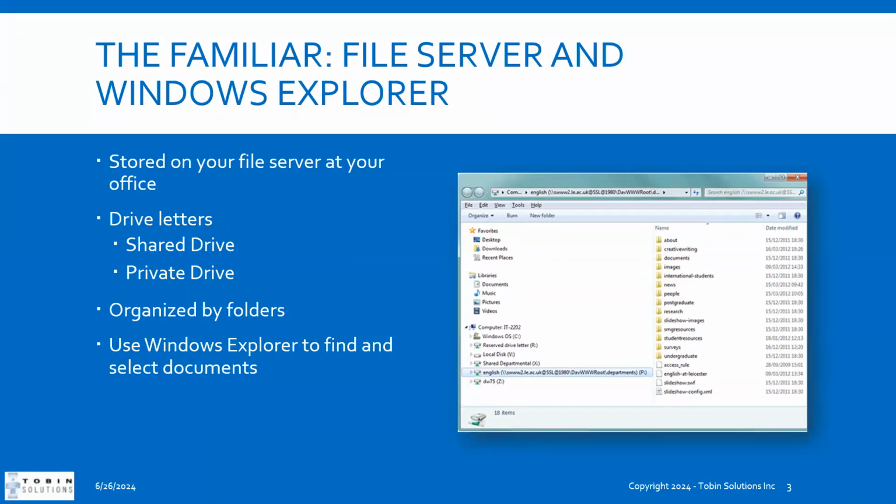You had like your C drive, which was your drive on your computer, and then maybe you had a shared drive out there, like a P drive that everybody used. And then maybe you also had like a U drive that was your drive that was only for you. Like when you went to your U drive, you would just see your stuff and no one else, everyone else's U drive was different. So you kind of had that world. A lot of you might be really familiar with that.